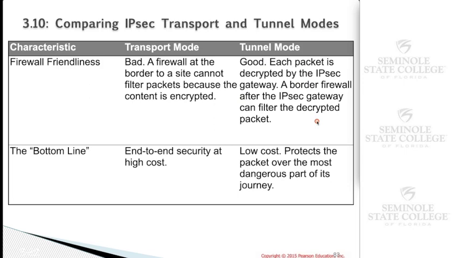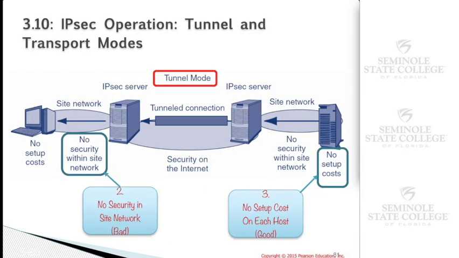I just wanted to go over that for a few seconds. If I go back here, if you remember, I can create the firewall on the IPsec server and take a look at what is coming through, and I can even make it a firewall that is looking at application level data. In other words, it opens up the packets and looks at the application level to make sure that it is safe.